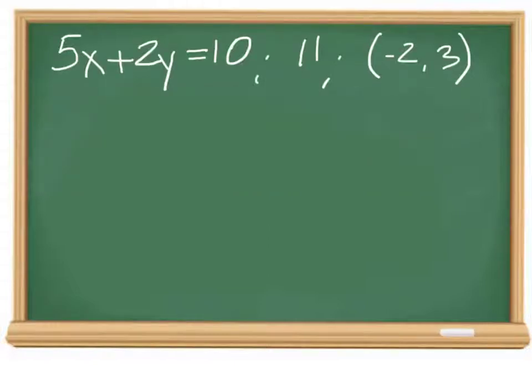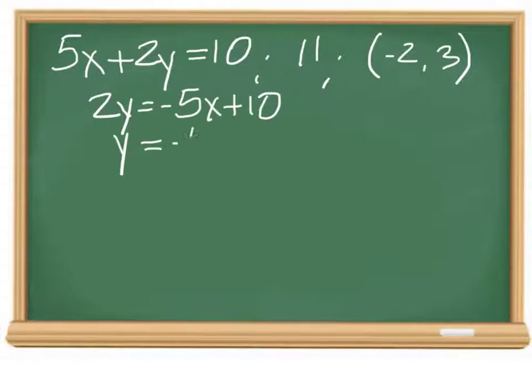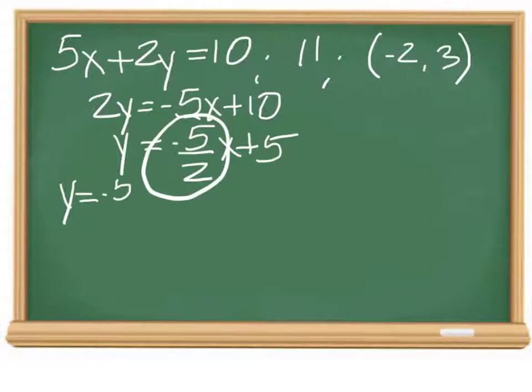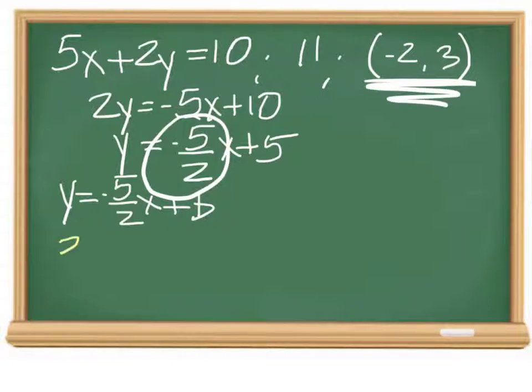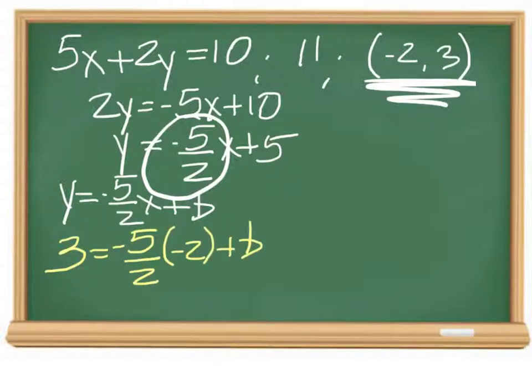On the practice problem, it should be 2y equals a negative 5x plus 10. Divide everything by 2 to get a negative 5/2 x plus 5. And you're going to use that slope, negative 5 over 2, in this equation and plug in this point, which will be 3 equals a negative 5/2 times negative 2 plus b.